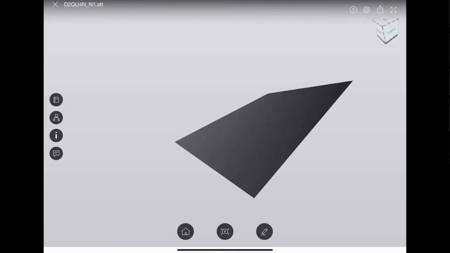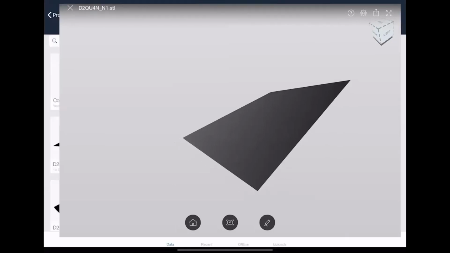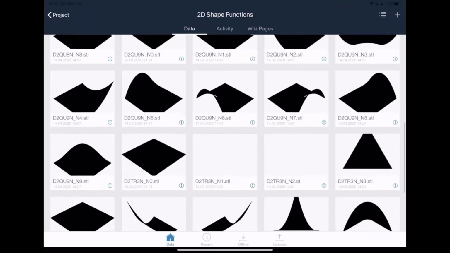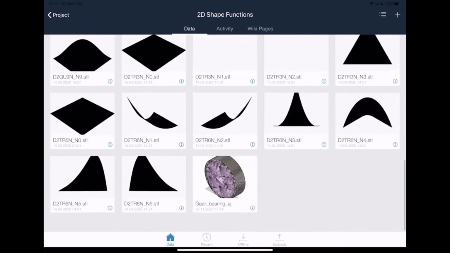If you just take a piece of paper and glue three corners to the table, and you want to pull one corner up, you need to make a curve on that surface. So these are four-node or quadrilateral elements.